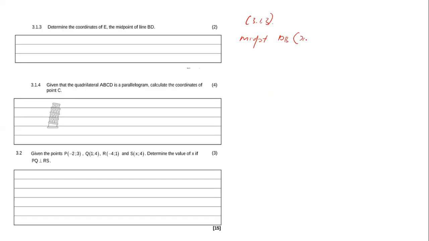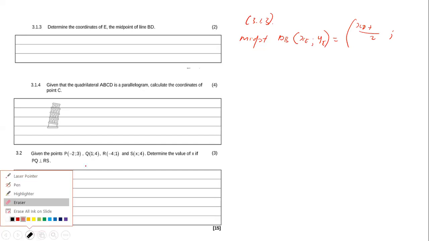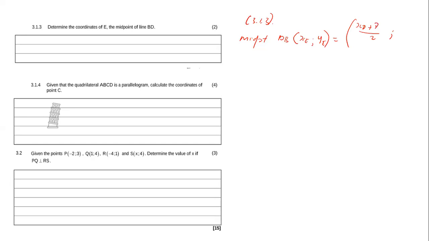It's going to be x of E, y of E, which is equals to x of D plus x of B, y of D plus y of B, divided by 2.